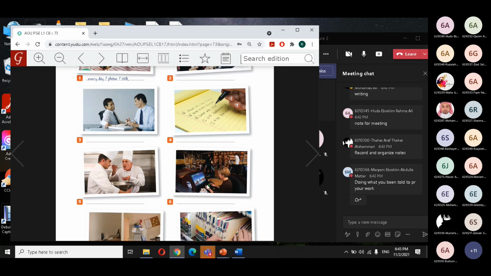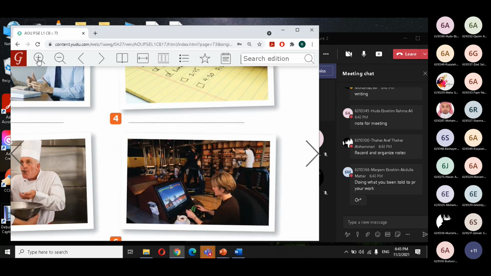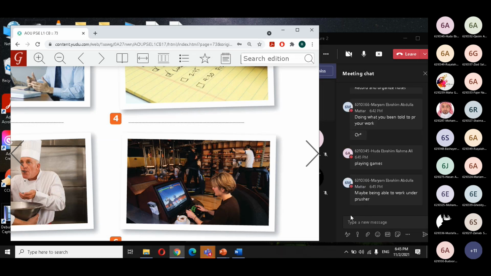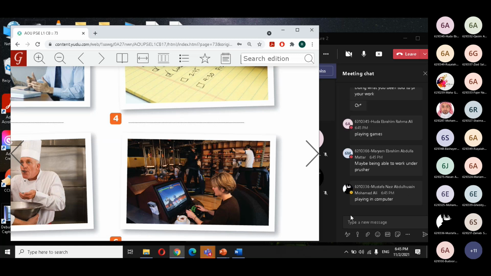Excellent. Number 6. Can you see what she is doing? It's clear now. She's playing games. So, what advice can you give her? She is not at a coffee shop or a library.